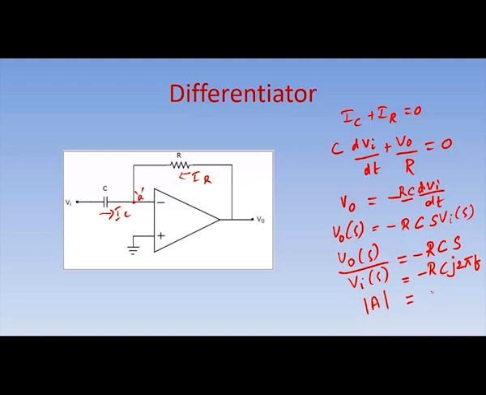So, you have R C 2 pi f. This can be written as f by Fa, where Fa is 1 by 2 pi R C. So, this is the gain of the differentiator, written as f by Fa.